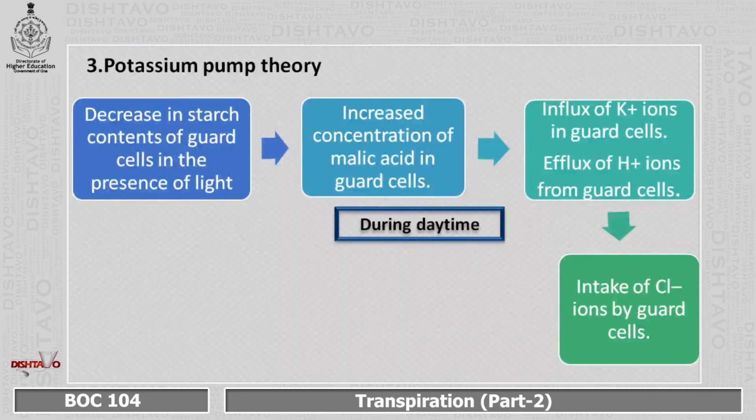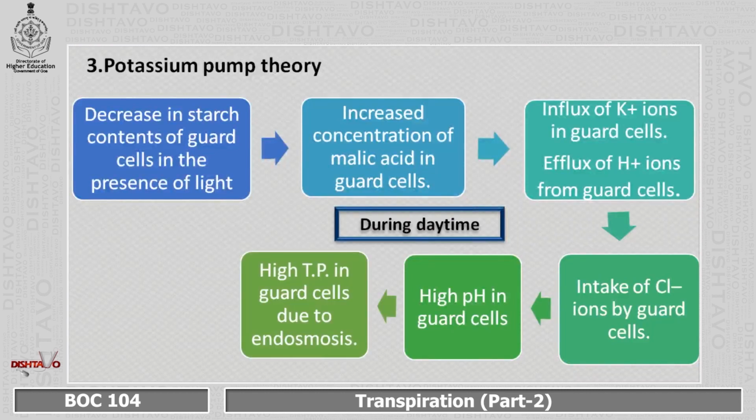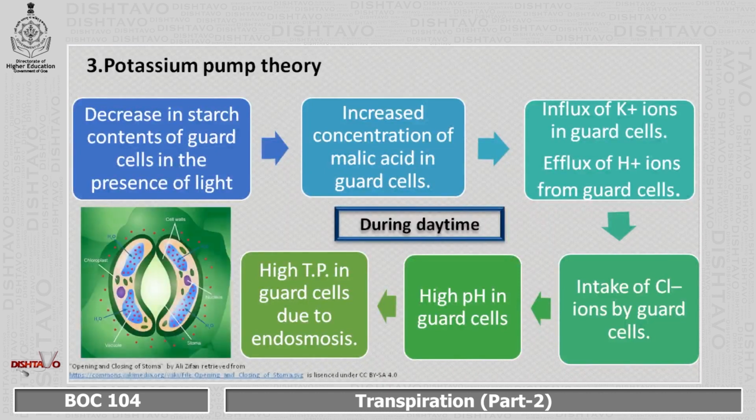With the influx of the potassium ion, there is also intake of chloride ion by the guard cells. This leads to high pH in the guard cells, which increases the turgor pressure in the guard cells. Thus, there is movement of water inside the guard cells, making the guard cells turgid. It leads to the opening of the stomatal pore.